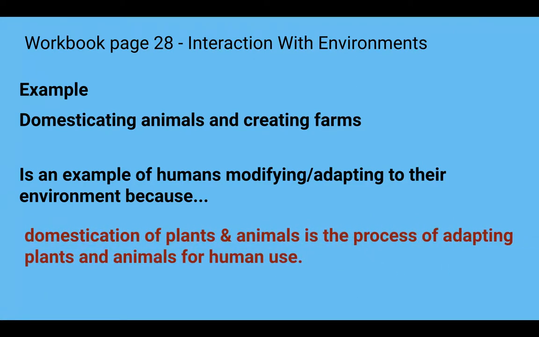Because domesticating plants and animals is the process of adapting the plants and the animals for human use. So what I'd like you to do now is complete those other 3 scenarios on page 28. Type in your response and then press play to review.